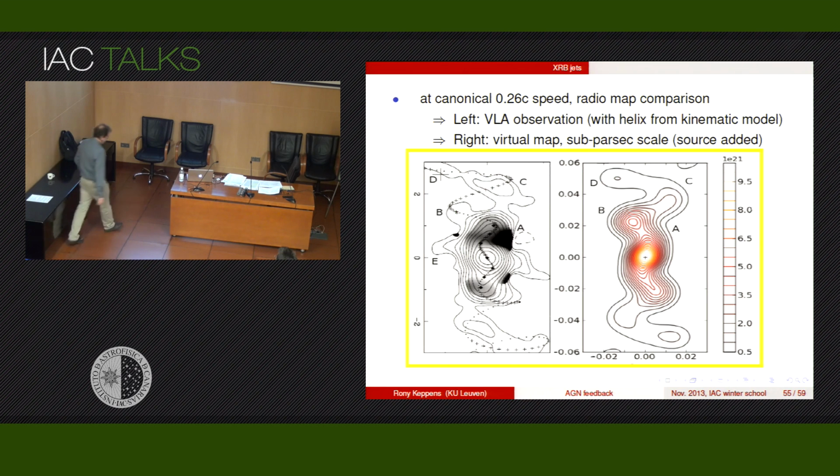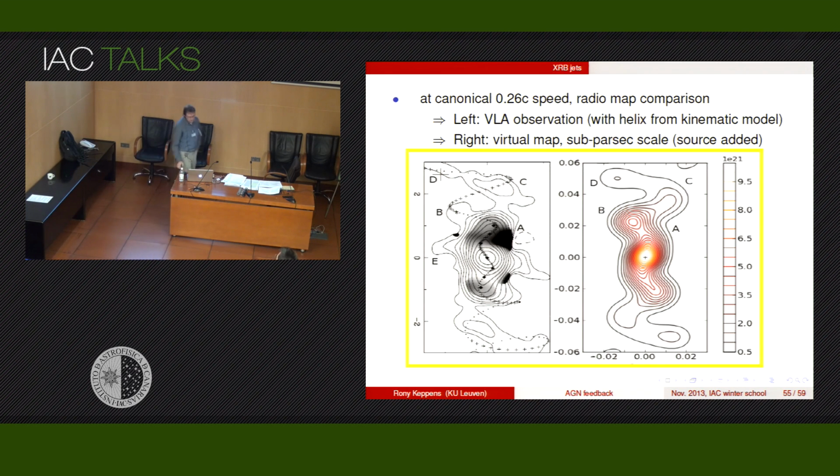And then overplotted here is what is known as the canonical model, this kinematic model for SS433, which is nothing but, if you have a precession of 165 days and you shoot continuously with 0.26c, then this is the pattern that you should see. Okay, that's nothing but kinematics.